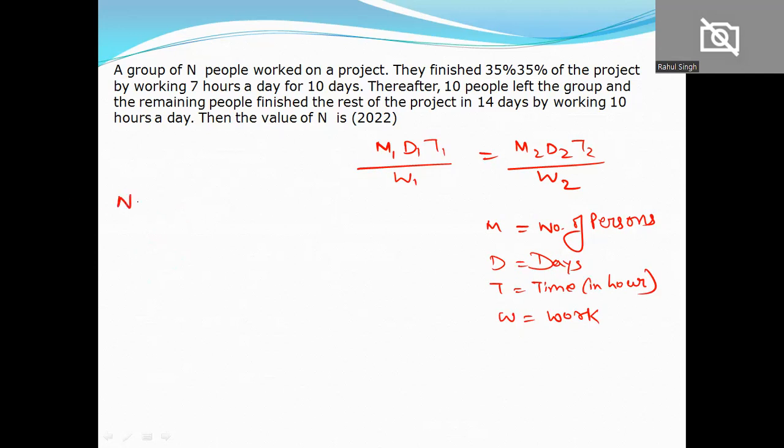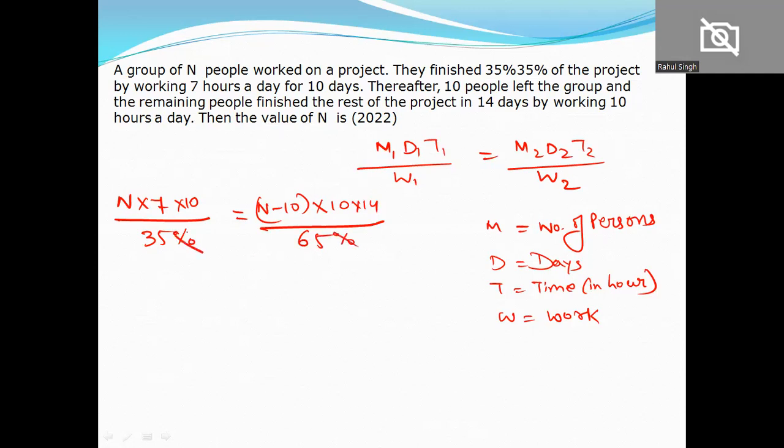N number of people working 7 hours a day for 10 days can finish 35% of work, right? Thereafter 10 people left, so n minus 10 people are remaining. They take 10 hours a day for 14 days to finish 60%, which is the remaining work.